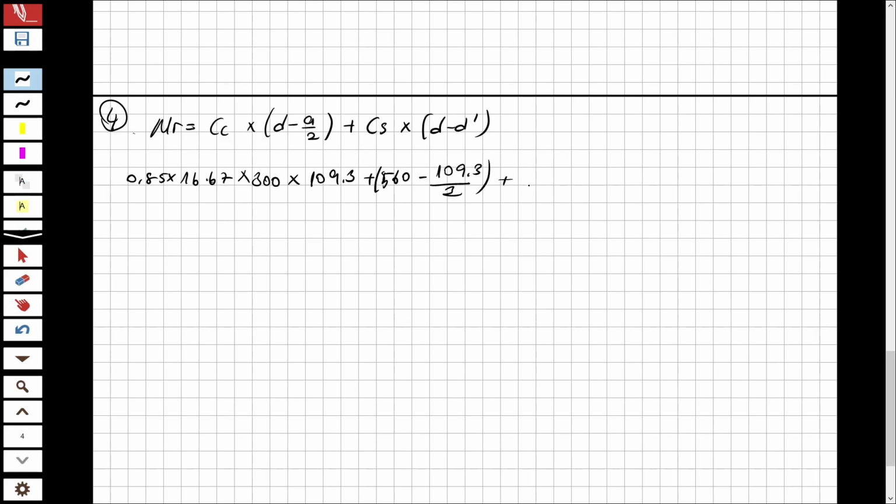What is Cs? 628 multiplied by 365.22 and multiplied with 560 minus 40 rust cover. From this, we are going to obtain as the moment 354.06 kilonewton meter as the moment that can be carried by our cross section.